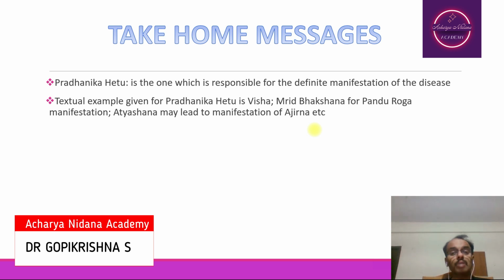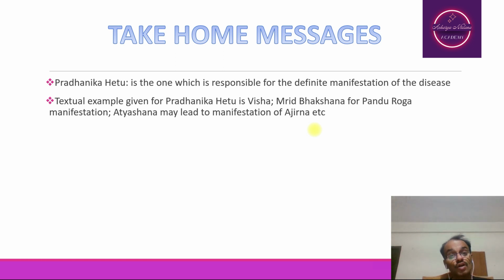So to sum up, Pradhanika Hetu is a type of Hetu mentioned in the Madhava Nidana Madhukosha commentary, as one of four types of Hetu: Sannikrishta, Viprakrishta, Vyabhichari and Pradhanika, which is responsible for the definite manifestation of the disease. The textual example given for Pradhanika Hetu is Visha, that is poison.